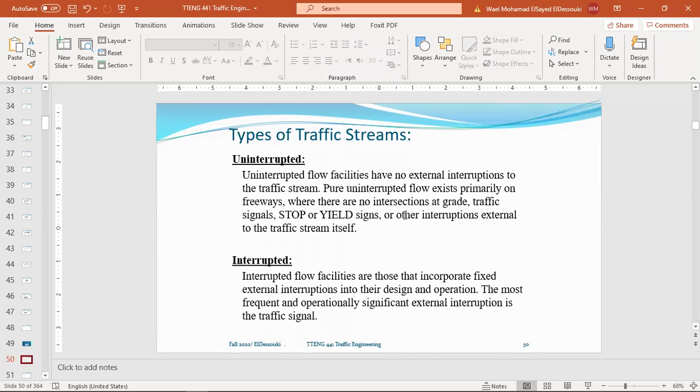That's a traffic facility where there is no exogenous interruption for the traffic flow. If there is any interruption for the flow, it's endogenous, it's from the traffic itself.